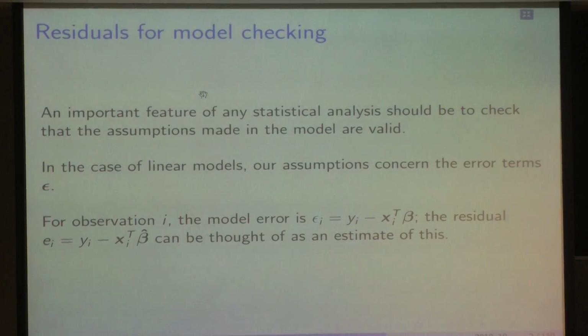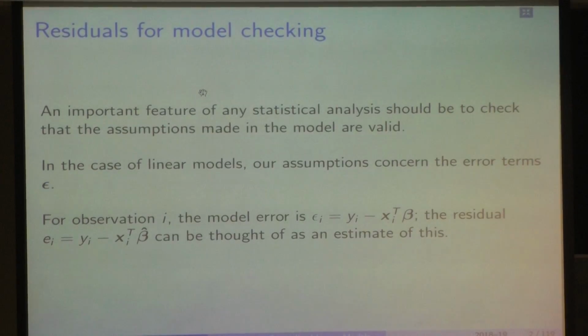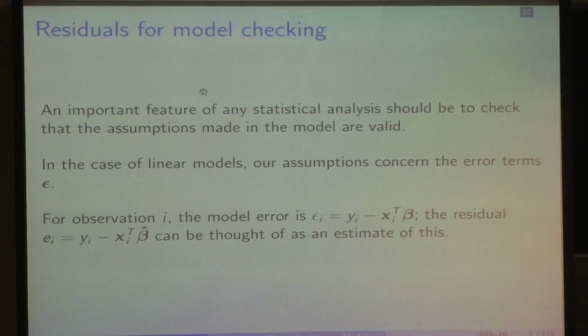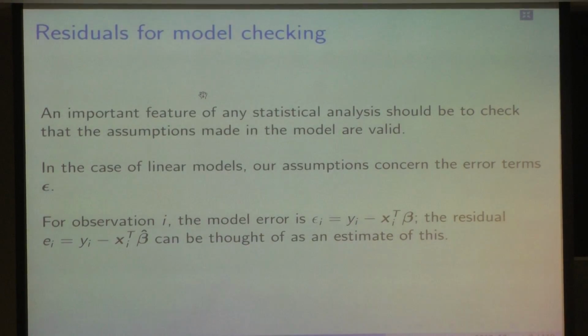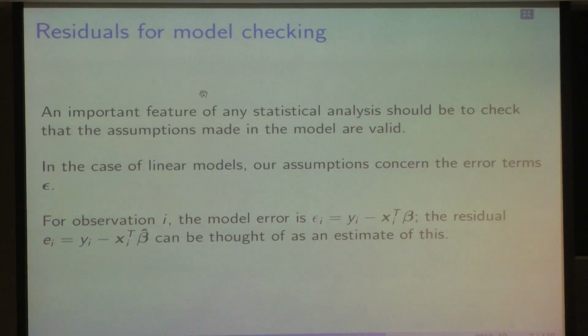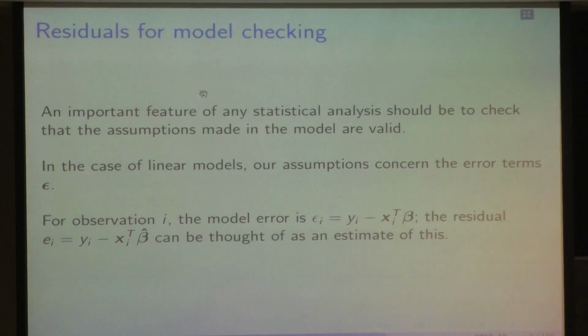Okay, so we can think of the residual as being an estimate of the random part of the model. So e_i, the residual, is an estimate of epsilon_i, the random part of the model for observation i. So that means that if we're interested in testing assumptions for the random part of the model, the epsilons, we can look at the data for the e's, the residuals, which is what we've actually got.